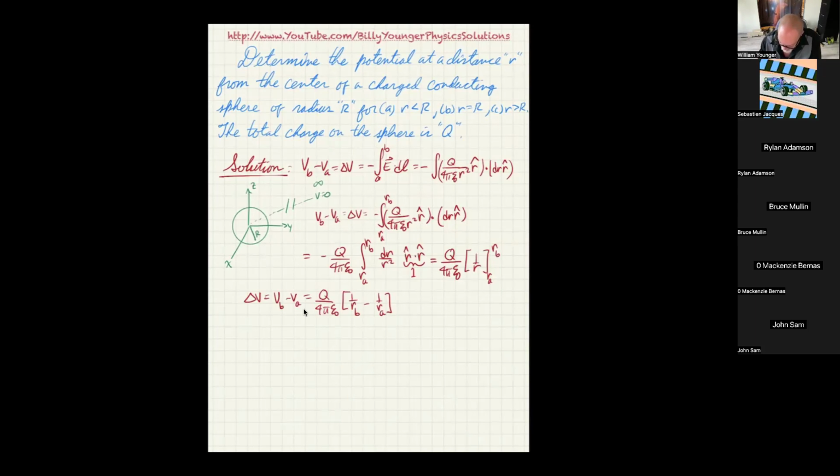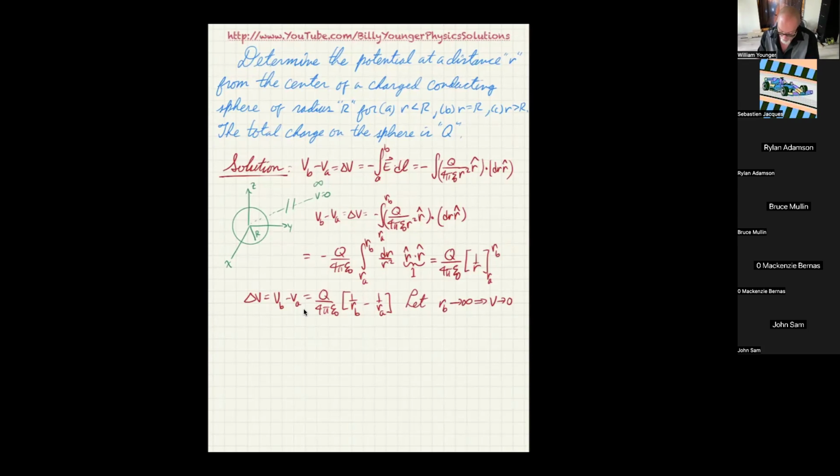Now, let's do it this way. Let RB go to infinity, which will imply V goes to 0.